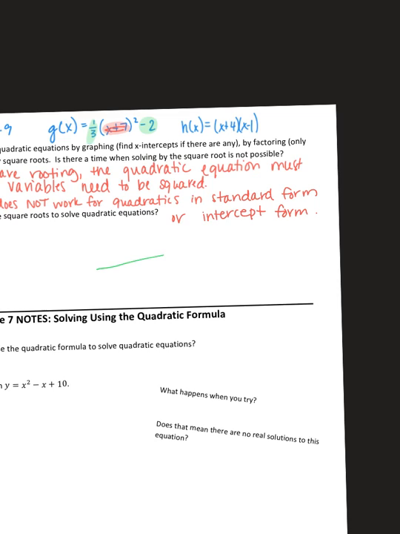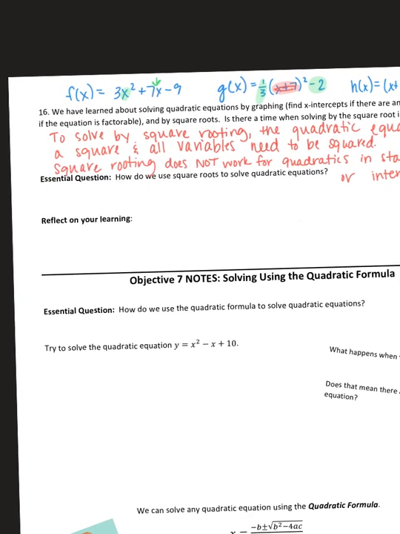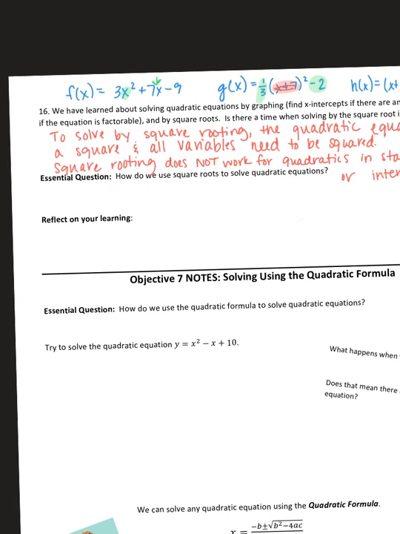Okay, and then we need to go back and answer the essential question. So the essential question is, how do we use square roots to solve quadratic equations? And the answer to this is, okay, we isolate the quantity being squared.